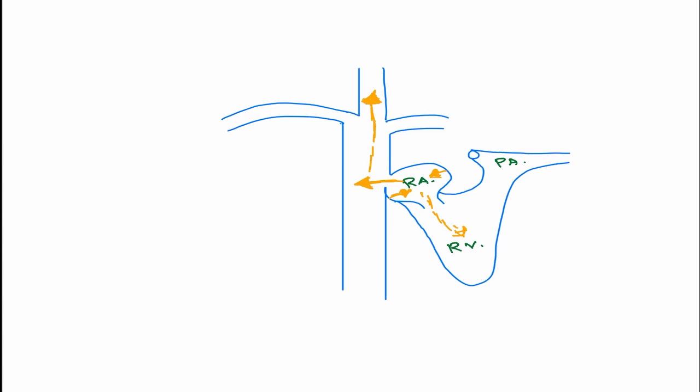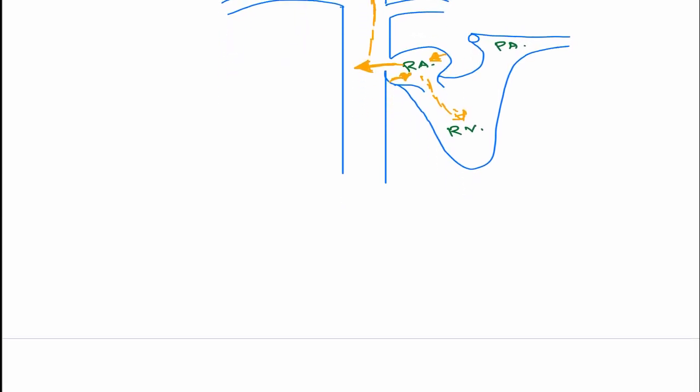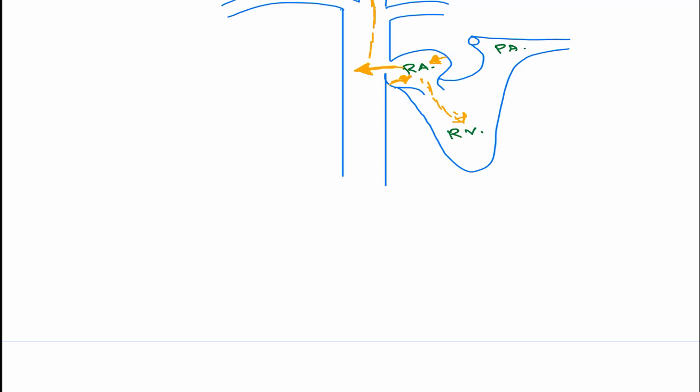Imagine if you have kept a ball here, this ball will rise because of the pressure, to a new position somewhere here. Similarly, the waveform will also rise. So there is a rise in pressure in the internal jugular vein due to right atrial contraction, and there is an upstroke wave.